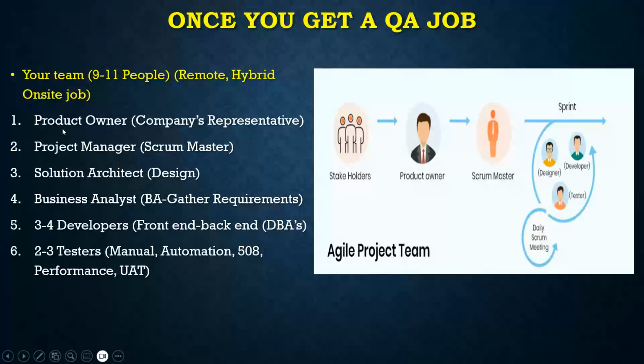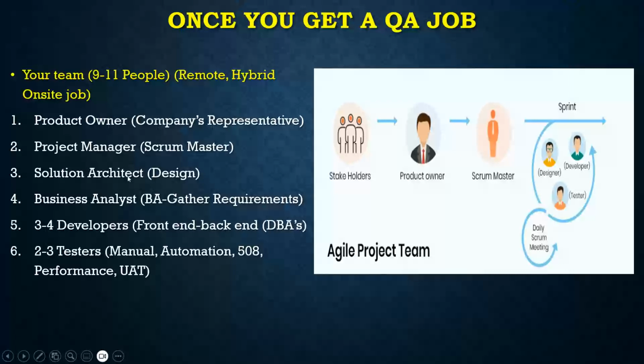So the product owner, a company's representative, would be a part of the team, but your actual team would comprise these people, like the project manager. In industry, we call it a scrum master. I will help you understand what scrum is, and we will discuss in detail the project manager's job and responsibilities. One of your team members could be a solution architect.